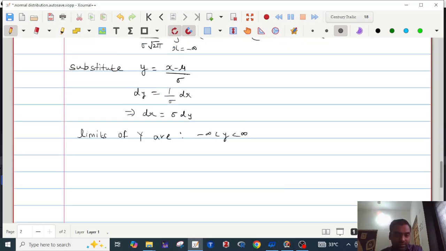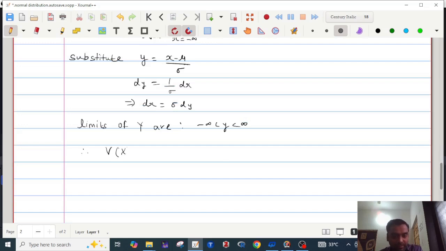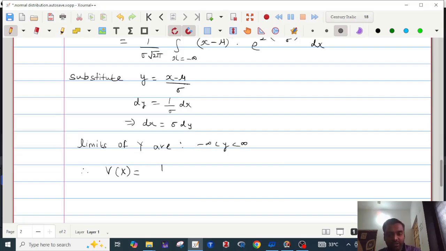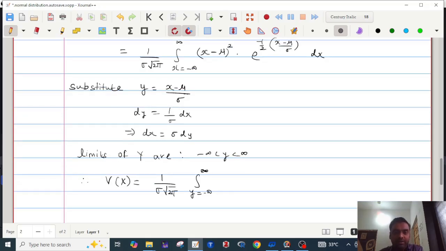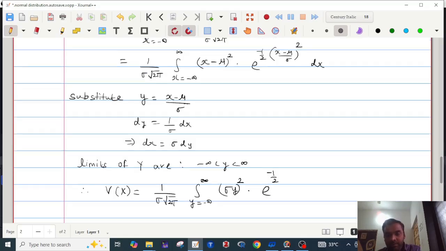Okay. Now solve. Therefore, variance of x equals integration 1 upon sigma under root 2 pi, constant outside, integration y is from minus infinity to infinity. Since y is equal to x minus mu upon sigma, therefore x minus mu is sigma into y, multiplied by e raised to minus 1 half, x minus mu upon sigma is y, so y square, and dx is sigma dy.